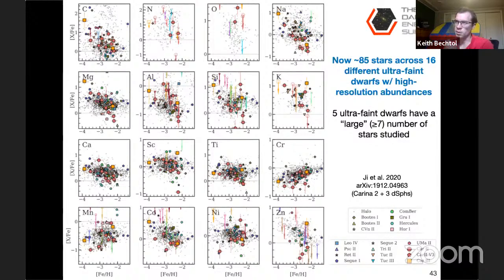DES has played a key role in this in terms of providing new targets of these ultrafaint galaxies, again, these reservoirs of ultra chemically pristine stars. And again, you can look at the detailed chemical abundances to try to study these first supernovae or rare events like binary neutron star mergers that may have caused these chemical enrichment events. Effectively, these galaxies are so small and so simple that there's only a countable number of such events that would have occurred in the history of these galaxies.